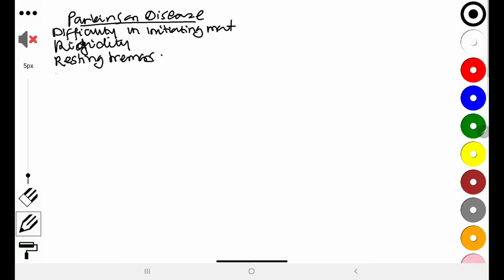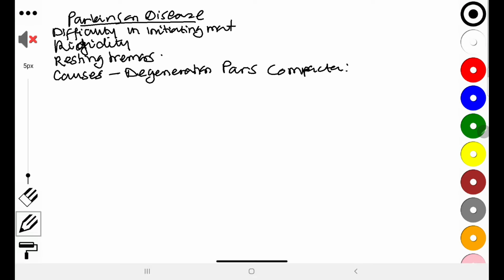What causes it is we have a degeneration of neurons in the pars compacta. So we're looking at the substantia nigra and dopamine being low. Right?